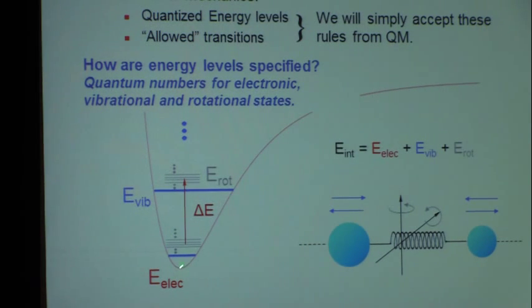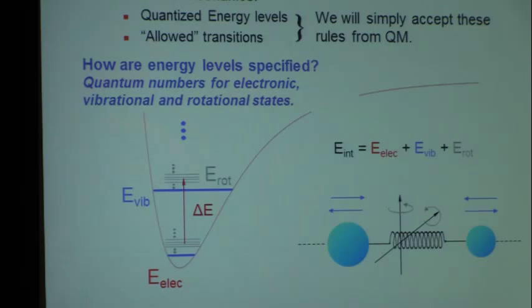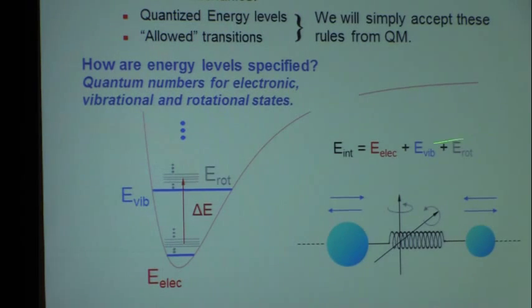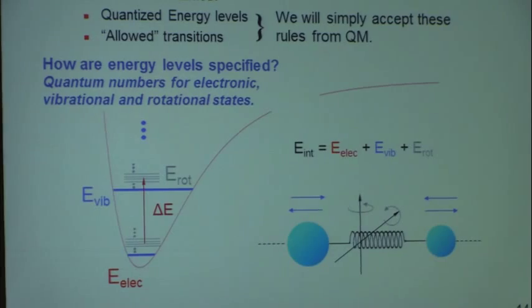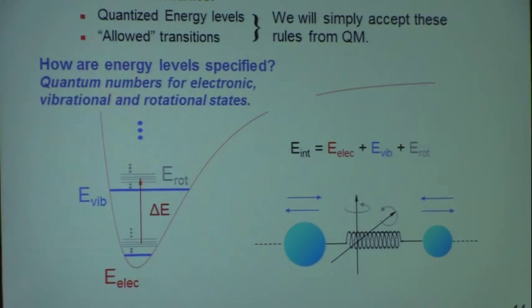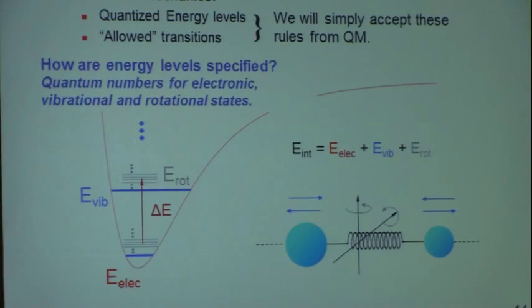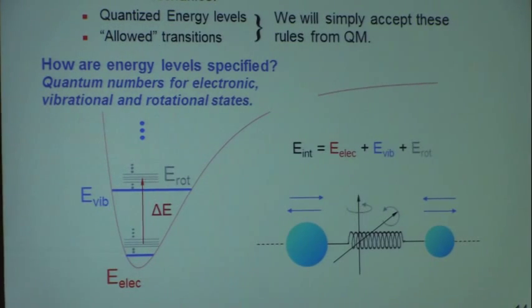This is the minimum, the equilibrium position of the molecule. If the molecule is very, very cold, it's nearly constant in its internuclear spacing. The vertical direction is potential energy, and we have to worry about three types of internal energy. We separate the internal energy from the translational energy. The center of mass of the molecule is moving through space with kinetic energy, but we don't care about that.